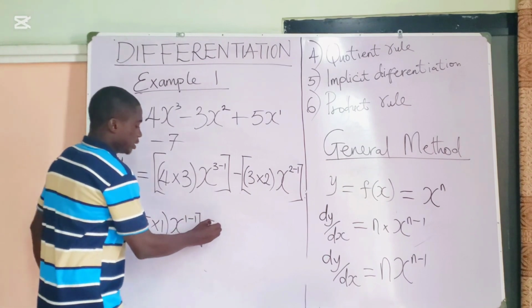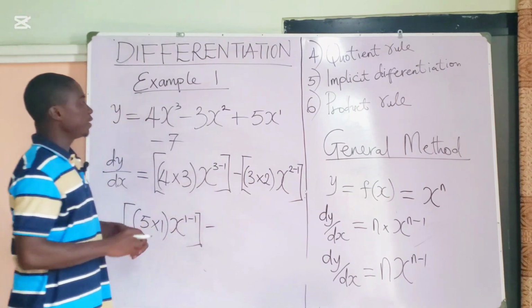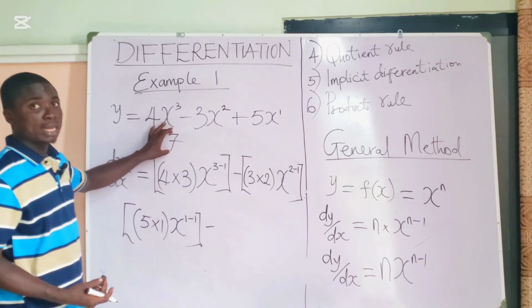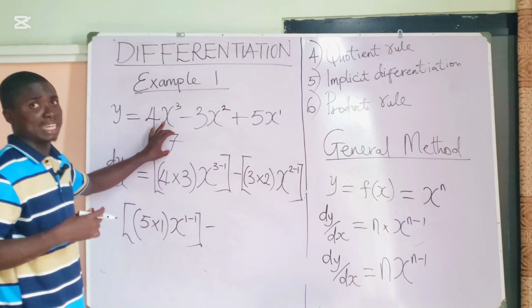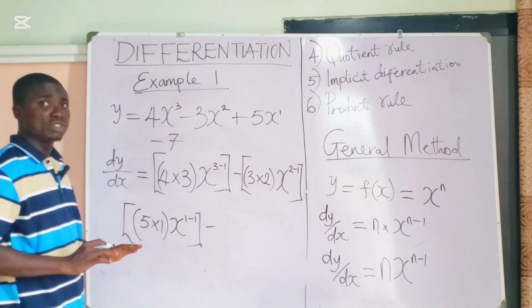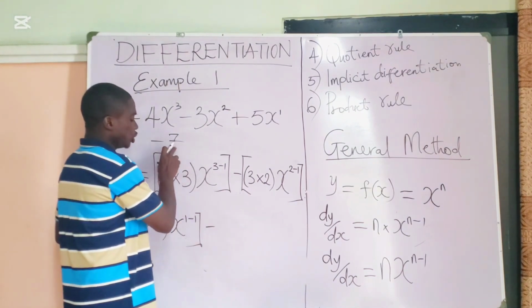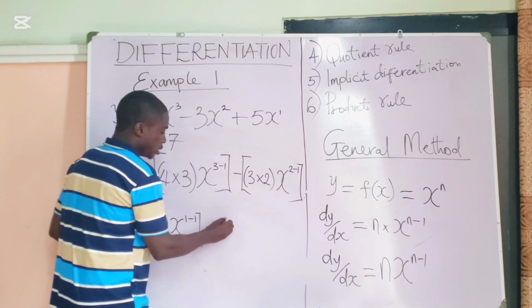So we are left with 7. If you differentiate a constant or a number that does not have x attached to it, it simply gives you 0. So if you differentiate 7, it becomes 0.